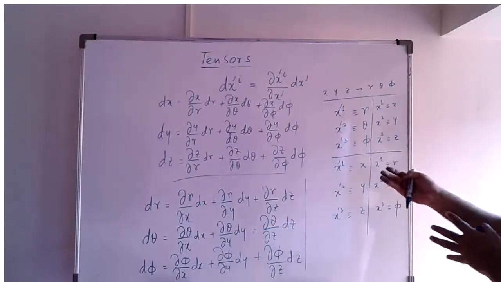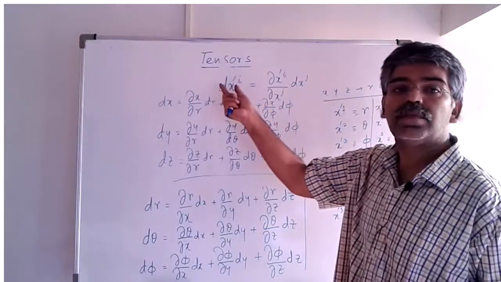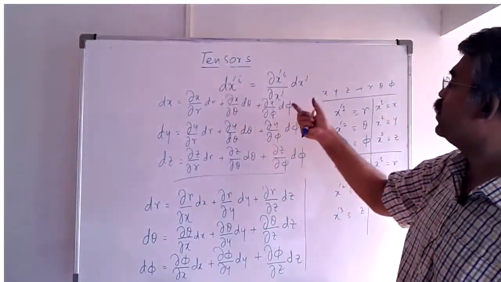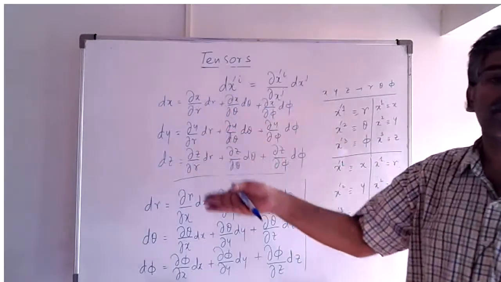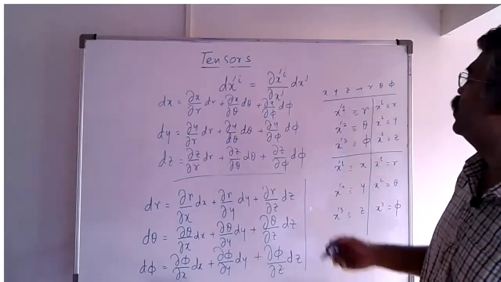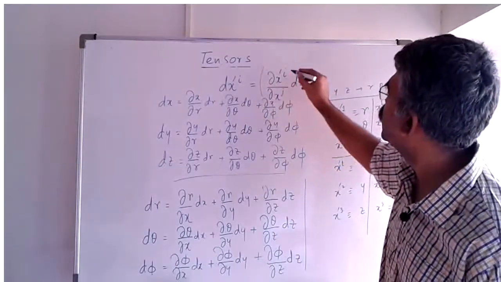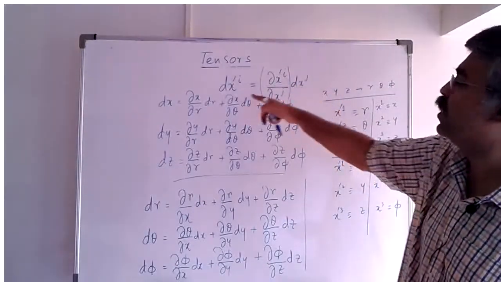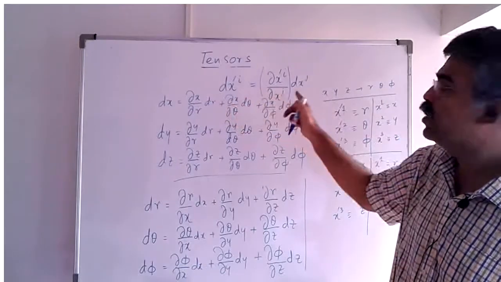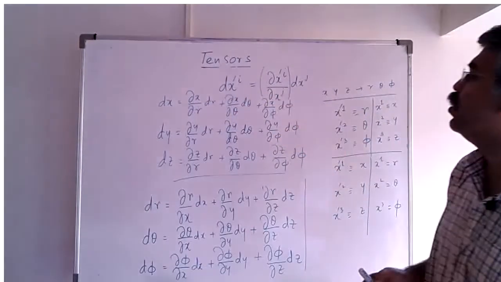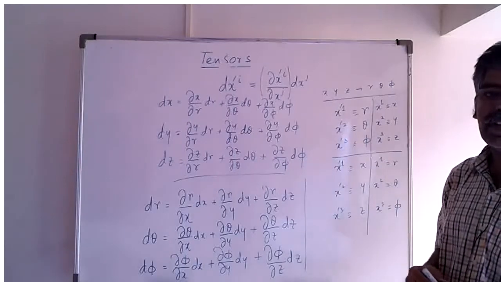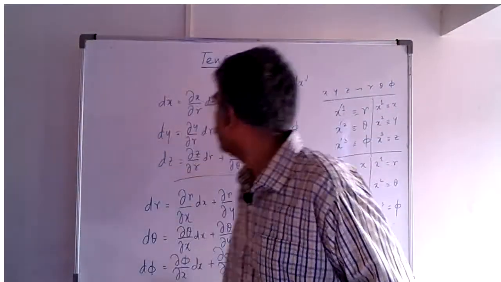Now the vectors, if I take a displacement, this is a vector. The vectors which transform in this fashion are contravariant vectors. So if the rule of transformation is this, if you have a coefficient like this in front and this is a vector, then this is a contravariant vector.